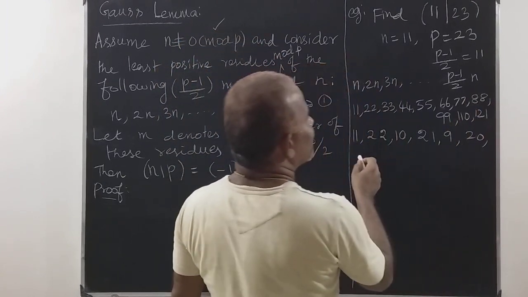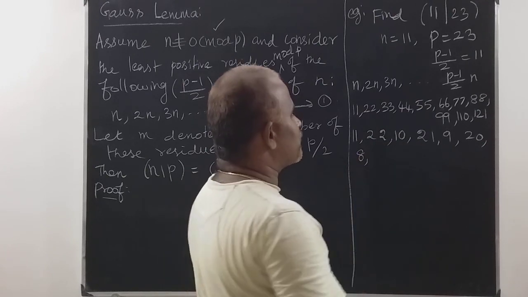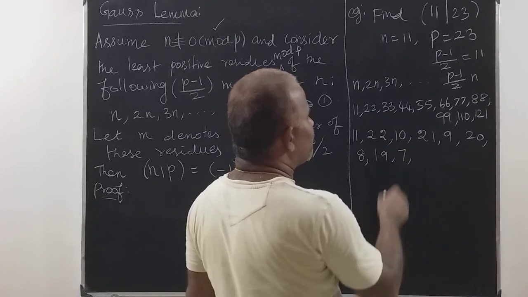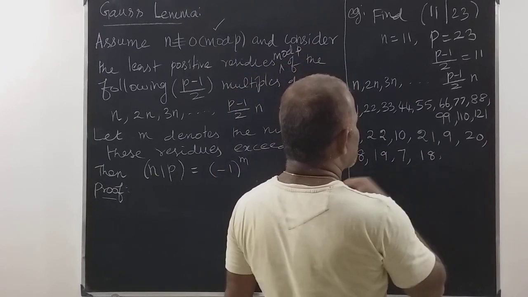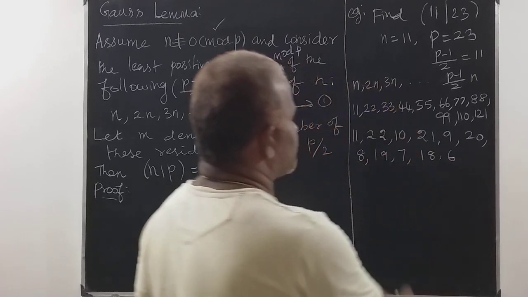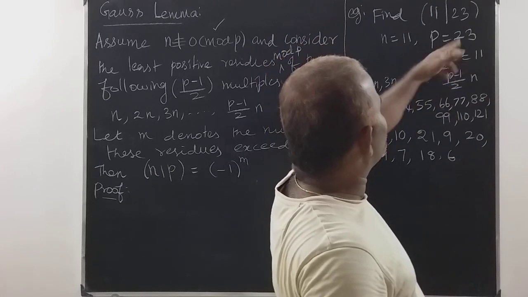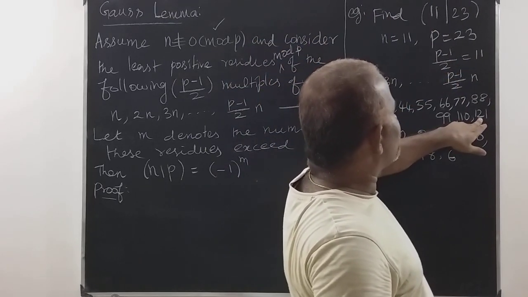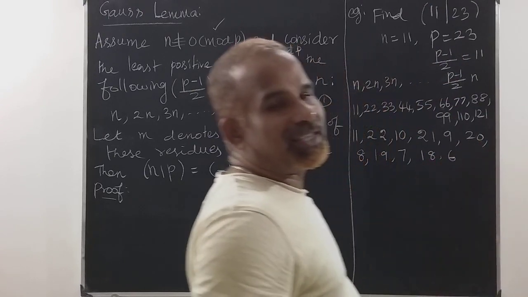Similarly 77 minus 46 is 8. Similarly we can calculate 8, then 19, then 7, then 18, then 6. For 121 divided by 23, 5 times is 115, and 121 minus 115 is 6.